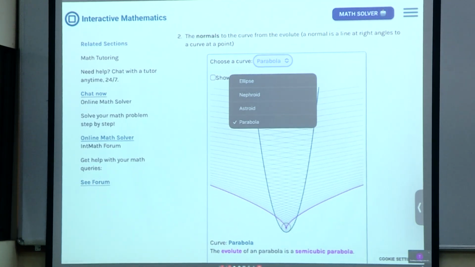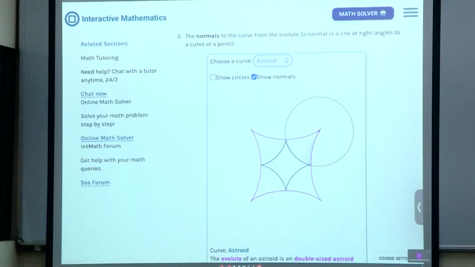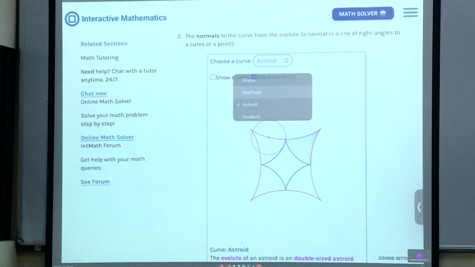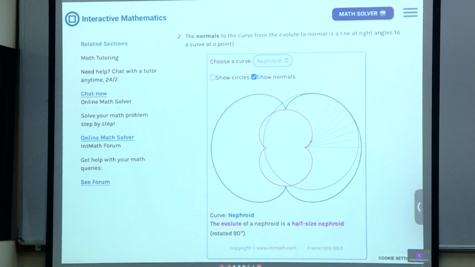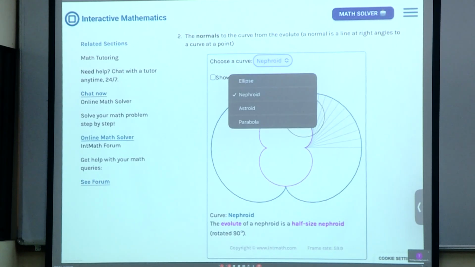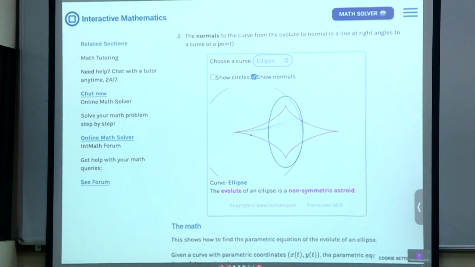I gave it as a fact to you that the evolute is gotten by looking at the path traced by the centers of curvature. If I look at the asteroid, for example, I get this pink one, which is a double size asteroid rotated by 45 degrees. For a nephroid, I get a half size nephroid rotated by 90 degrees. And in the case of the ellipse, of course, I get this asymmetrical asteroid. That's all right. But my question to you is the following.